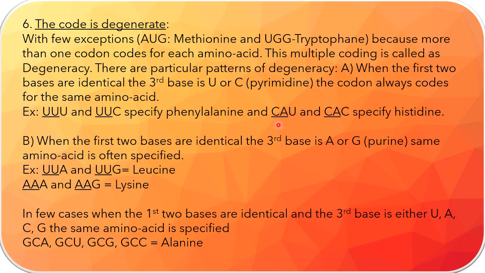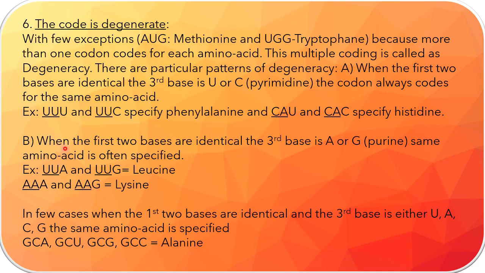Same in this case, CA, that is cytosine and adenine, they are identical in both of these codes, and just the third base is different, and thus it specifies histidine. That means you get two codons which specify a particular amino acid. Why? Because the third nucleotide is different.